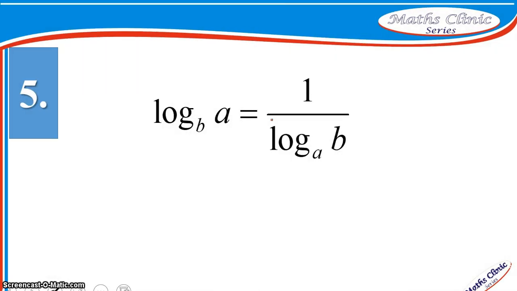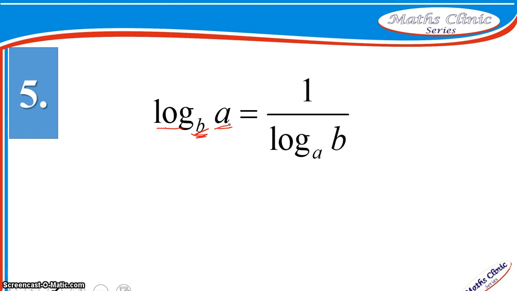Then property number 5. This is more or less like change of base. If I have log base b of a, then it's the same as 1 over log base a of b. It's 1 over the reciprocal. And this is true because I keep my b and a interchanged.